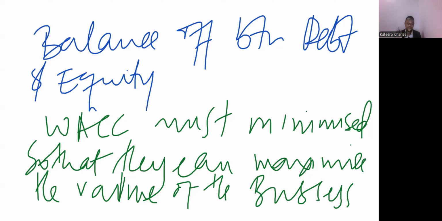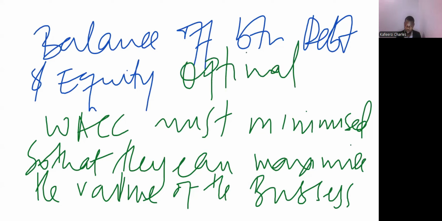Now, the traditional theory of capital structure continues to say that for any business or any investment, there must be what we call an optimal level or optimal mix of debt and equity.